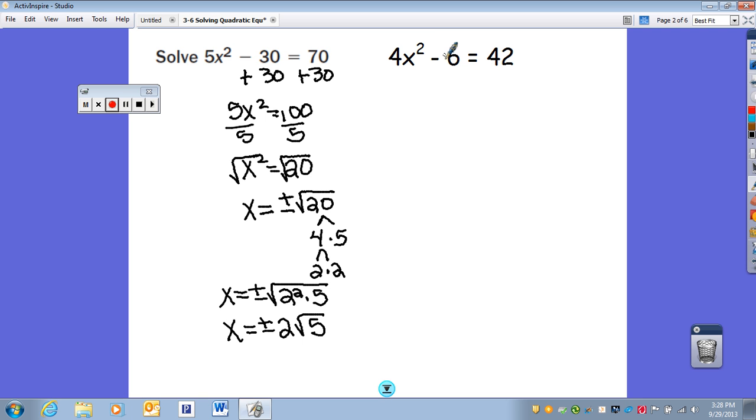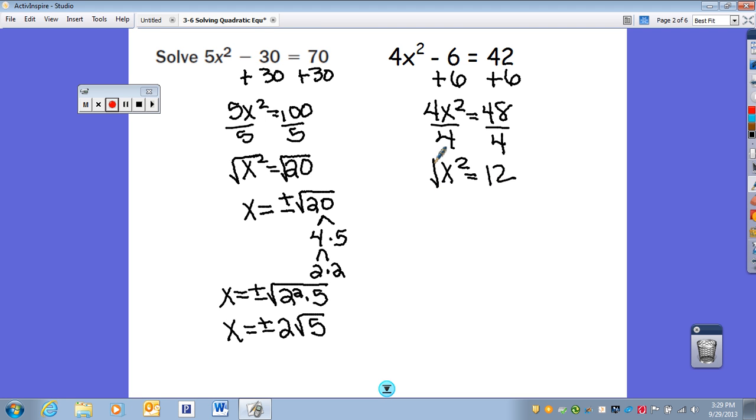When we take a look at our next example, we see we don't have a quadratic that has the middle b term, or the x, we just have the x squared. So we want to get the x squared by itself, so we're going to add 6 to both sides. So we have 4x squared is equal to 48. And then we're going to divide both sides by 4. So we have x squared is equal to 12.